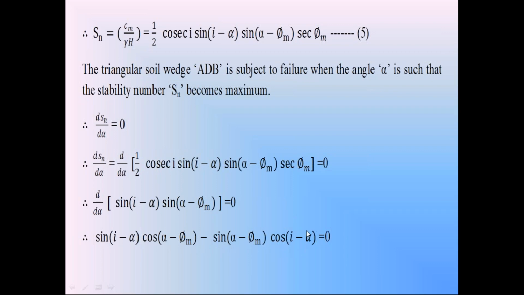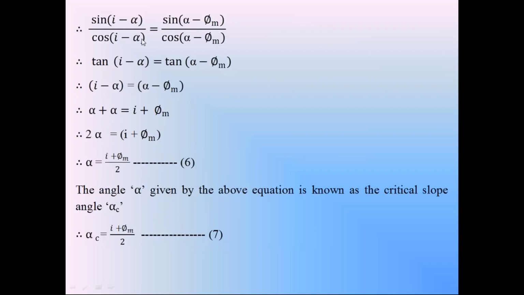Bring this cos(I minus alpha) to the left side and cos(alpha minus phi m) to the right side. The equation becomes sin(I minus alpha) by cos(I minus alpha) is equal to sin(alpha minus phi m) by cos(alpha minus phi m). So this ratio gives tan(I minus alpha) is equal to tan(alpha minus phi m).